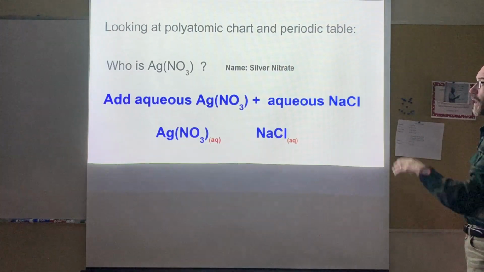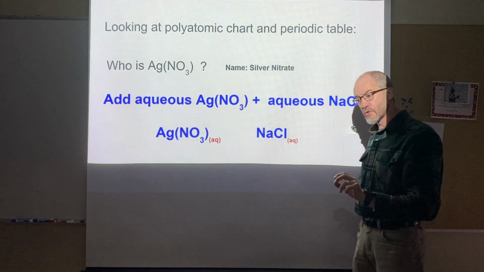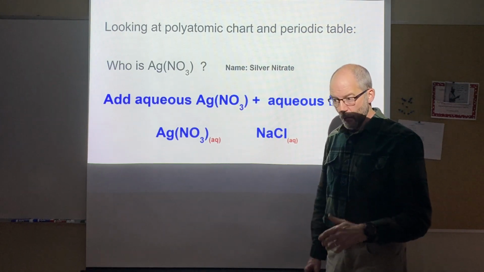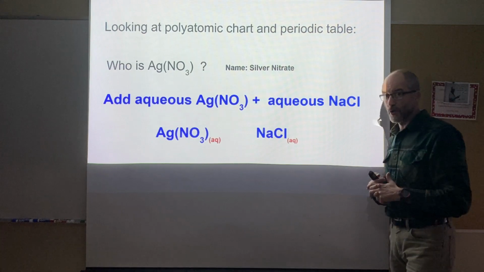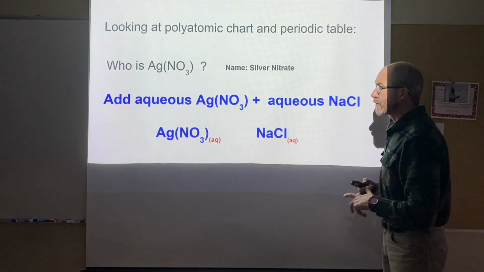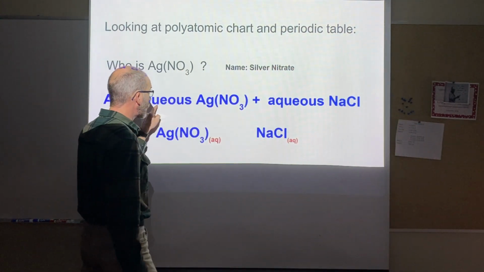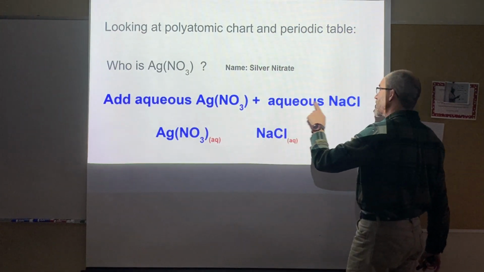All right, I'm not going to make you do any of the naming or anything like that. I'm going to take you straight into a chemical reaction, and there are no secrets here. I tell you this in class. I'm going to show you a double displacement, or double replacement, reaction. I'm going to add aqueous silver nitrate to aqueous sodium chloride.